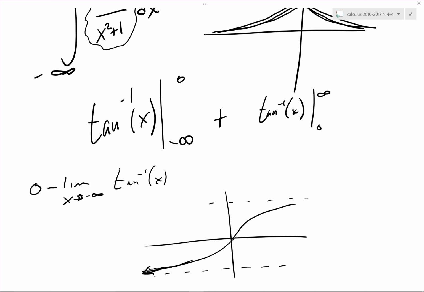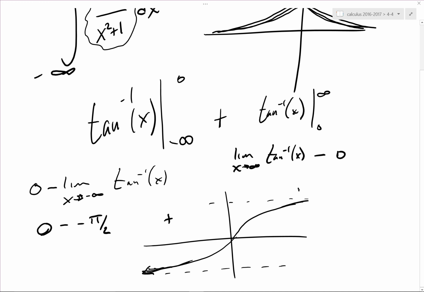Yes, aka negative pi over 2. Plus, now obviously the limit as x approaches infinity of arctan of x, minus 0. And this guy also approaches pi over 2. So negative negative pi over 2 plus pi over 2 is pi.